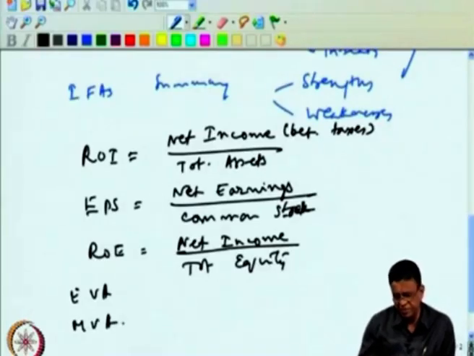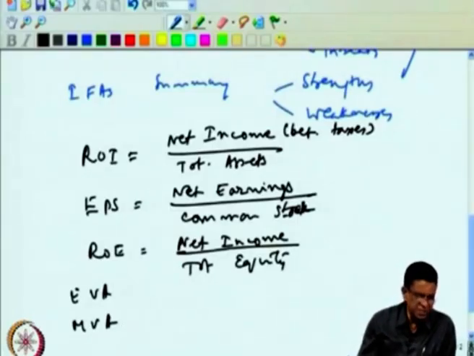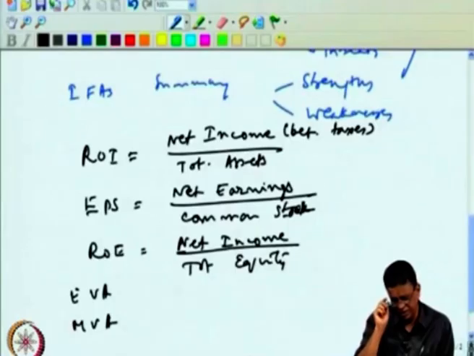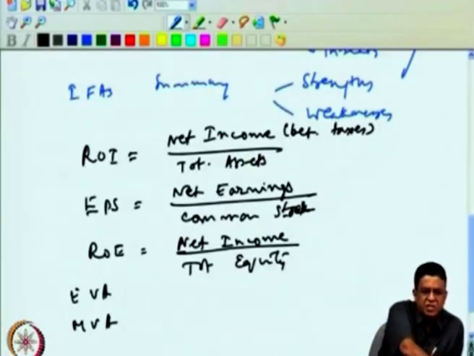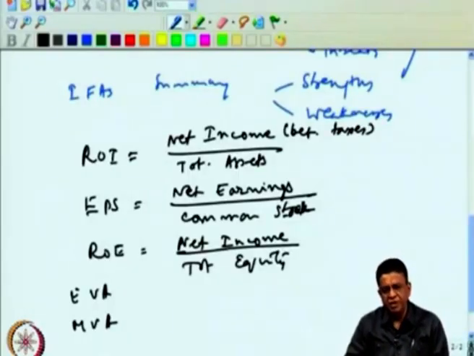The other aspect is what is called the market value added. What is market value added? It measures the stock market estimate of the net present value of a firm's past and expected capital investment projects. So, it tells you how much can you value this company. Let us say you take a software company, you want to buy off a software company. So, how will you buy off this company?